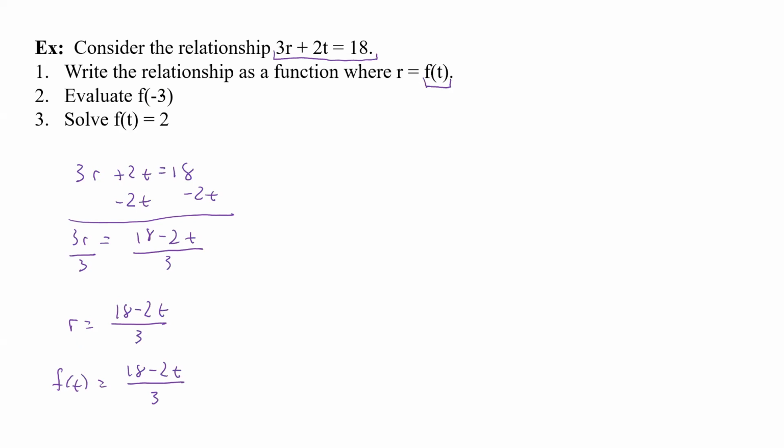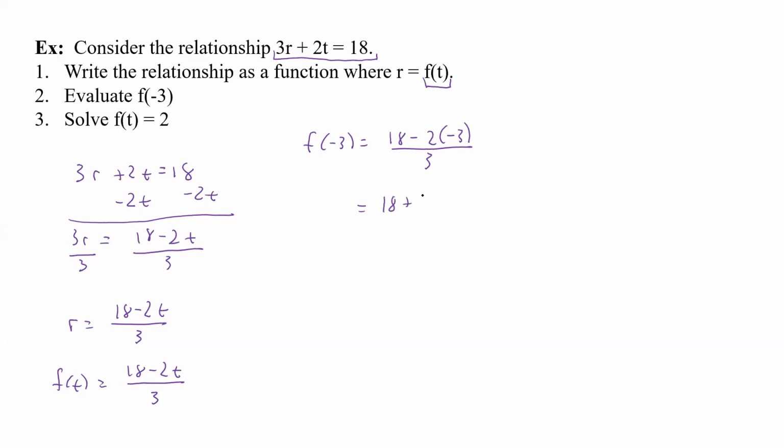Now the next one says, okay, well now that we've got that, let's find what f of negative 3 is. So basically we're saying take t as negative 3 and plug it in here and simplify. So next column here we have f of negative 3, that's equal to 18 minus 2 times negative 3 all over 3. Well, here a negative 2 times a negative 3 is a plus 6.